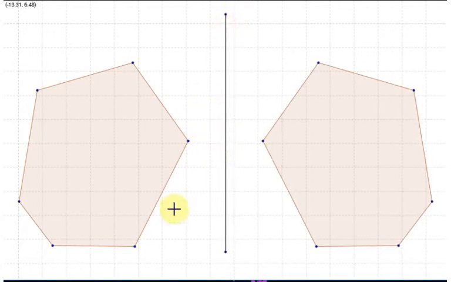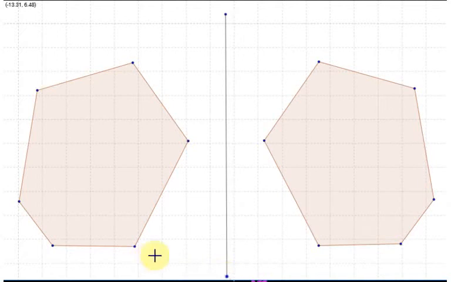Any line drawn to its corresponding point, a point here, a point there, will cross this line of reflection at 90 degrees. So if I draw a line here to the corresponding point, which is here, it will cross here. I have to extend a bit. It will cross here at 90 degrees.